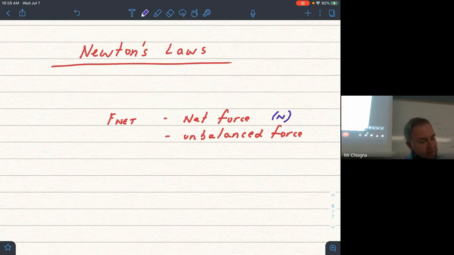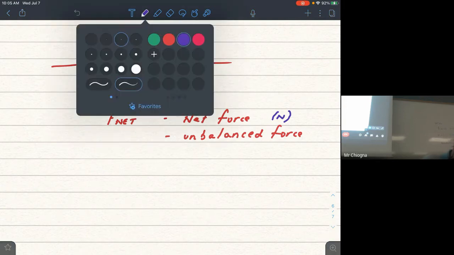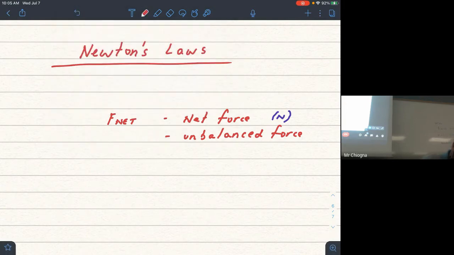All forces use the unit of newtons. You can measure it with a spring scale. How many newtons? It is a vector. Any force is a vector. It has a direction: positive to the right, negative to the left, negative if it's acting down or south.